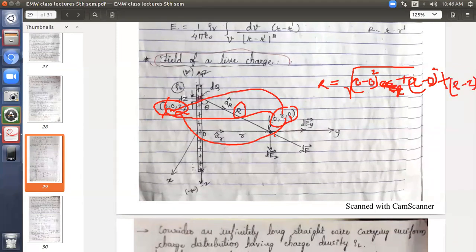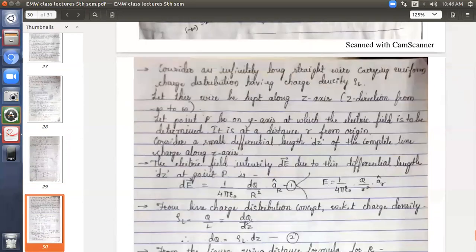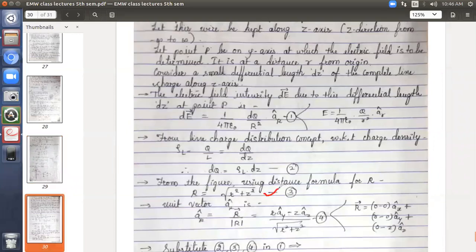So the square root of the first term is 0, the second term is r square, the third term is z square. This is the magnitude of the position vector. So I have written it directly here: R is equal to the square root of r square plus z square. So this is over.